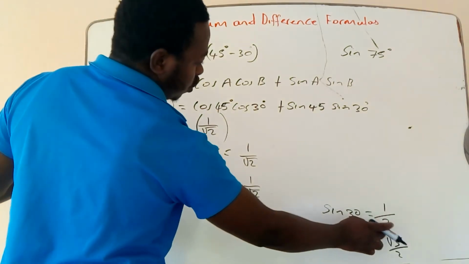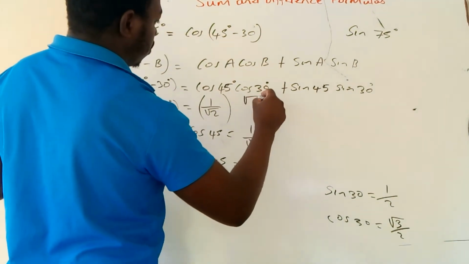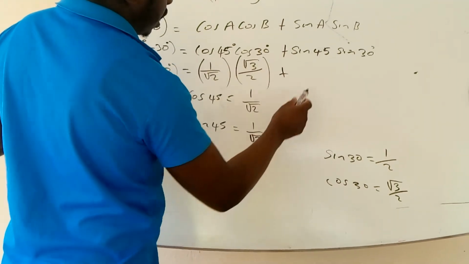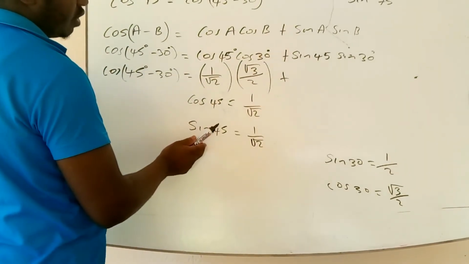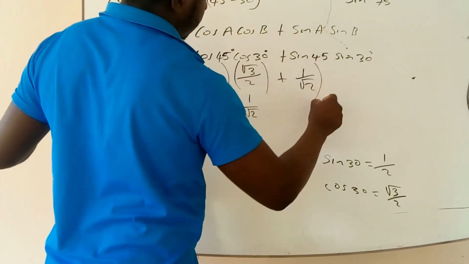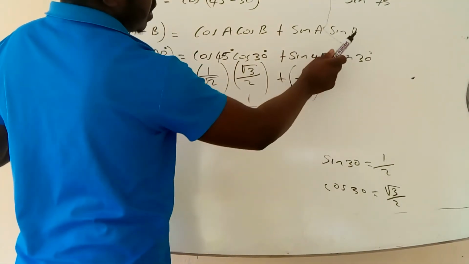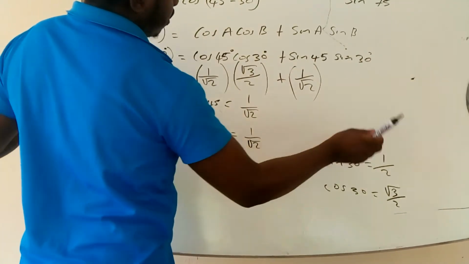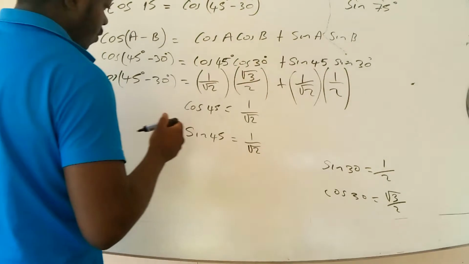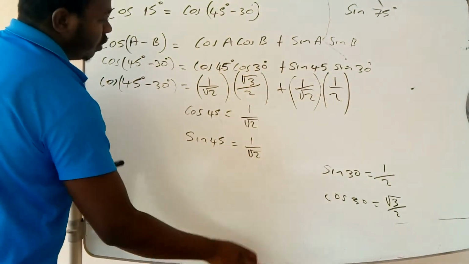Cos 30 is just root 3 over 2. All of that plus sine 45. What is sine 45? Sine 45 is just 1 over root 2, times sine 30. What is sine 30? Sine 30 is just a half. So that's that. Now we're finished with these.